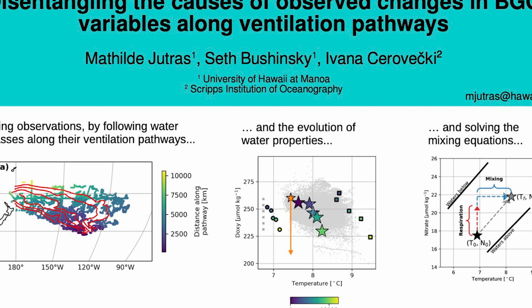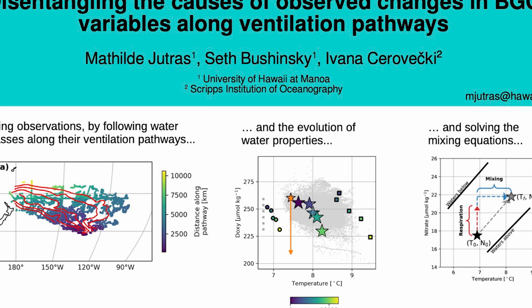Here you can see an example for the Pacific subarctic mode waters for a given density layer. The red lines on the figure are showing the streamlines, and they're based on the geostrophic velocities derived from core Argo. From that, we get a 3D ventilation pathway based on observations. And then we find all the Argo BGC data that fits within that, which are all the little points. And we can follow along the pathways how the waters evolve.